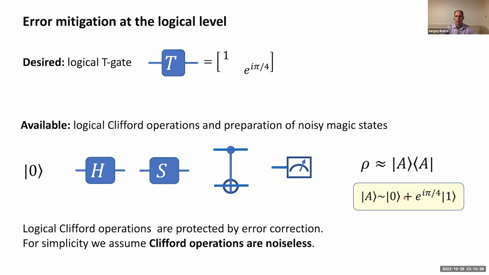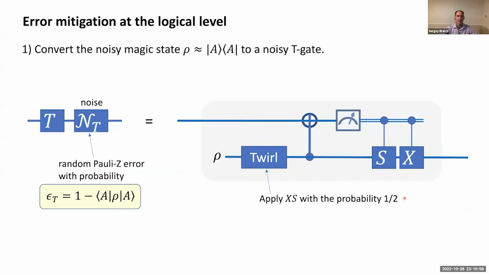And as I said before, all these operations are relatively easy to implement, for example, by braiding defects in the surface code. So it is likely that the first error-corrected quantum processors will support all these operations. And our error mitigation protocol consists of 3 steps.